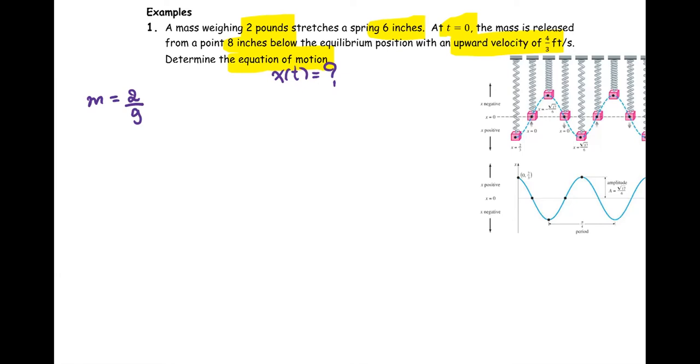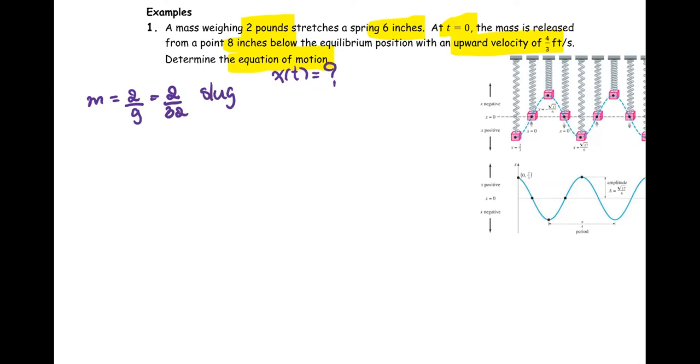The acceleration for the English system is 32, right? So this is going to be 2 over 32. And the unit is slug. So 1 over 16 slug as m.